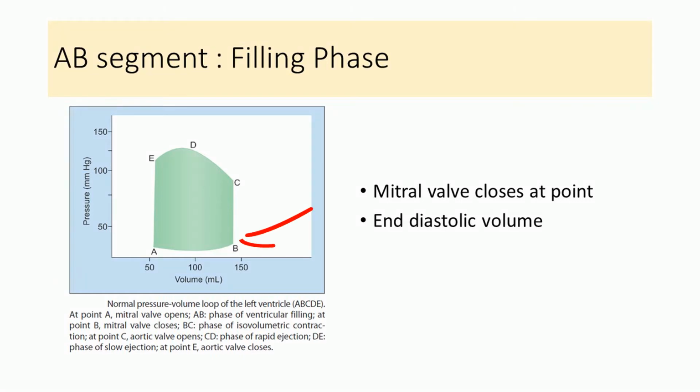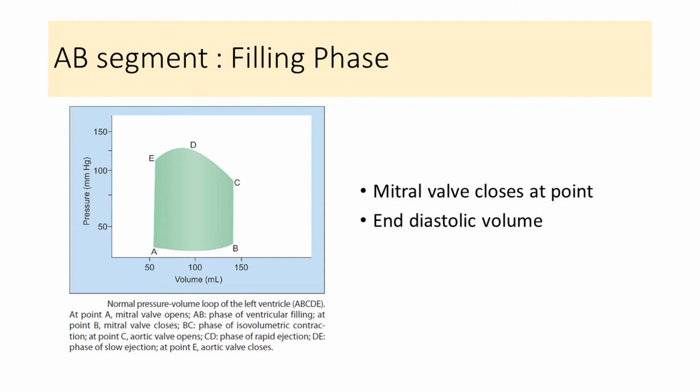At point B, the mitral valve closes, and closure of the mitral valve produces the first heart sound. So this AB phase shows the ventricular filling phase, which includes the rapid filling phase, the slow filling phase, and the last rapid filling phase that coincides with the atrial systole.